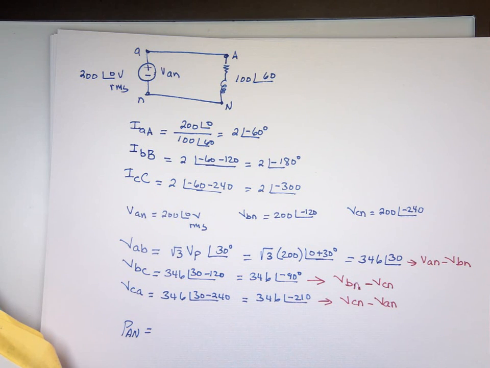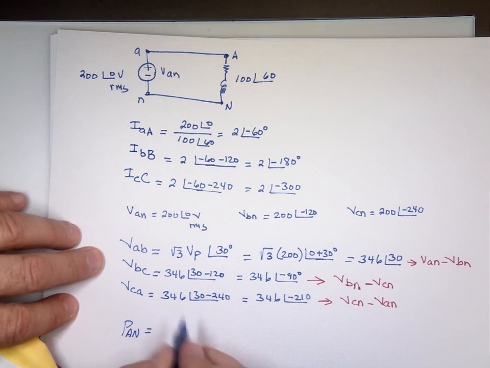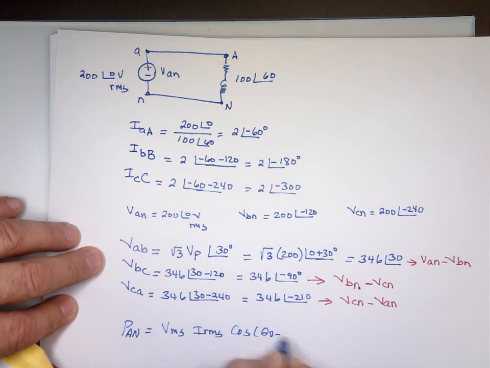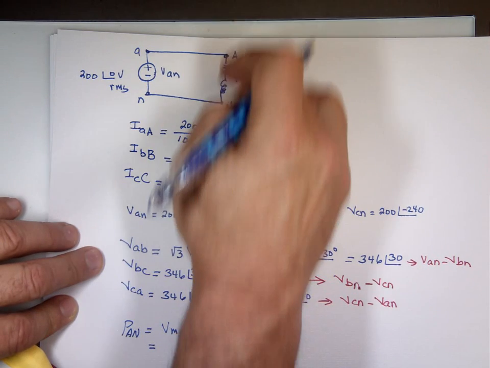Well, we know it is VRMS times IRMS times cosine of theta V minus theta I. The voltage here is 200.